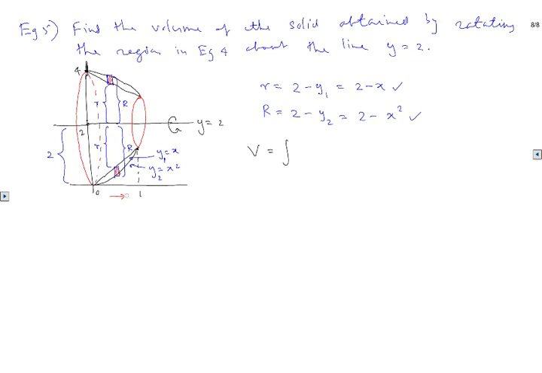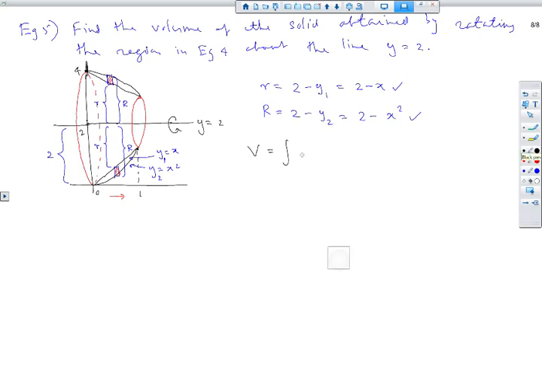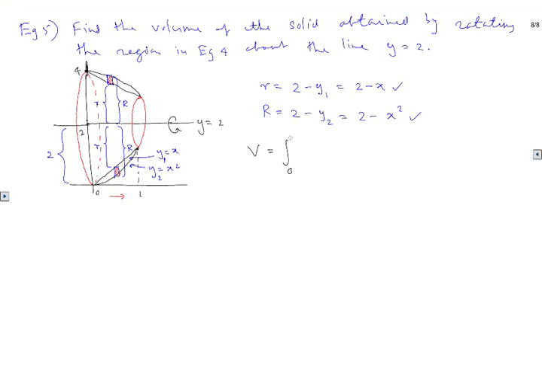It's a dx problem, so the limits of x are 0 to 1, and then pi times the larger radius minus the smaller radius dx, because it's moving in the x direction.